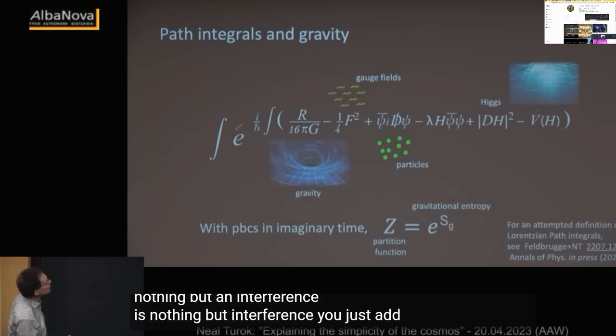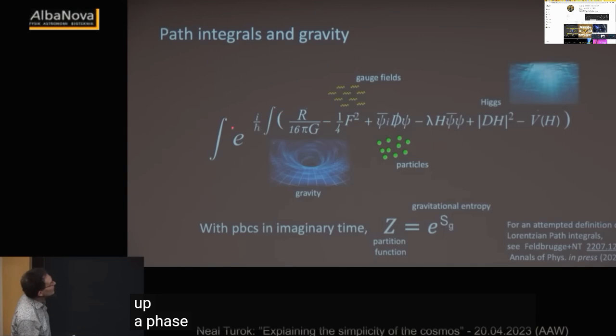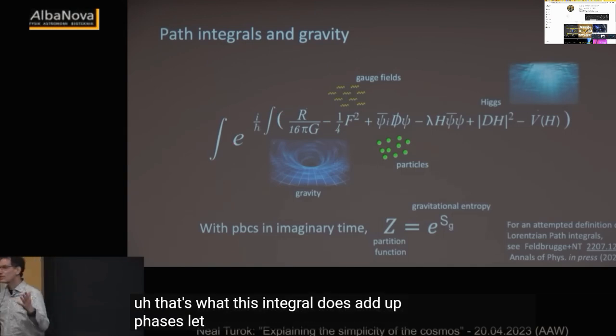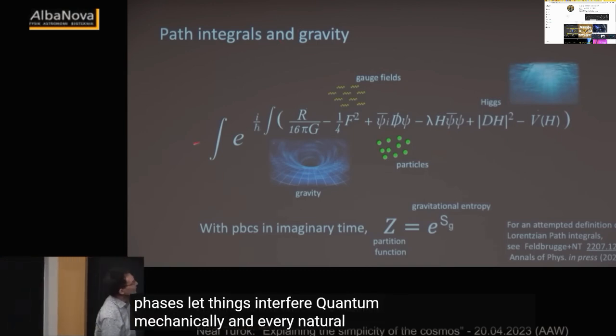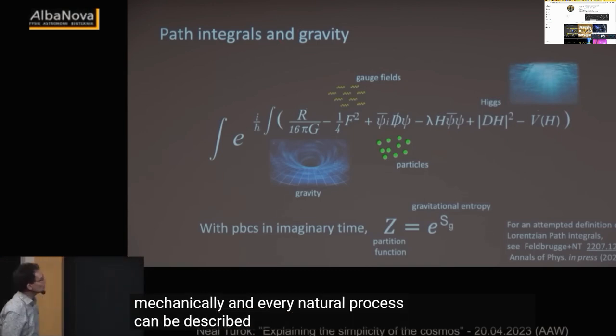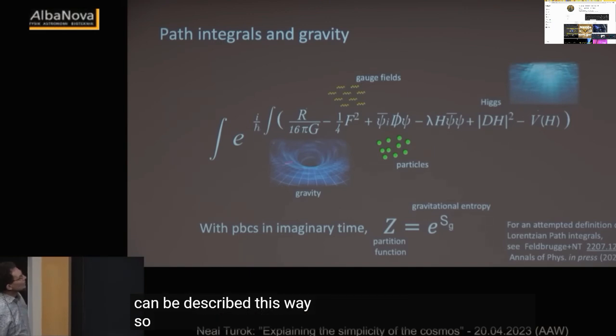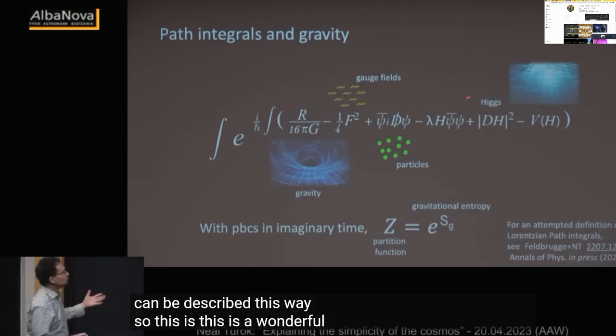You just add up a phase, that's what this integral does, add up phases, let things interfere quantum mechanically, and every natural process can be described this way. So this is a wonderful formula.